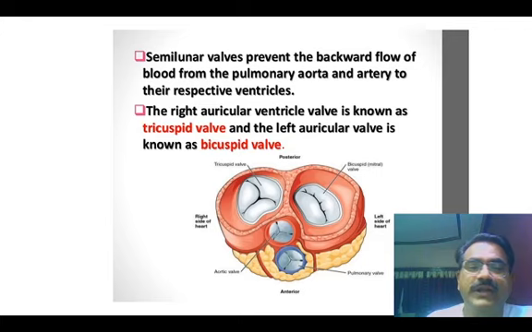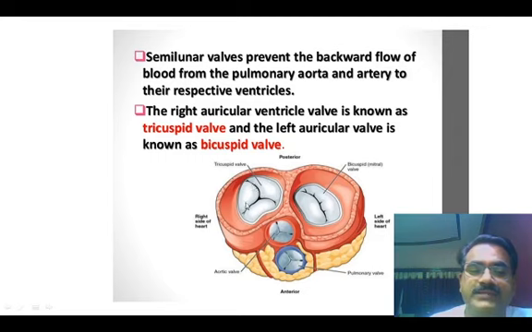The right auriculoventricular valve is known as the tricuspid valve, and the left auriculoventricular valve is known as the bicuspid valve.